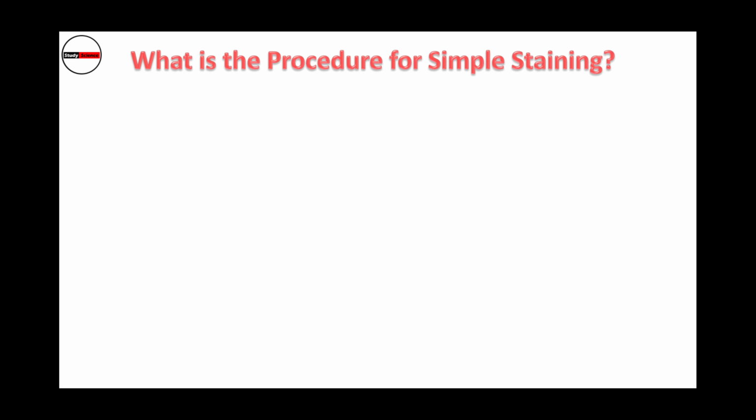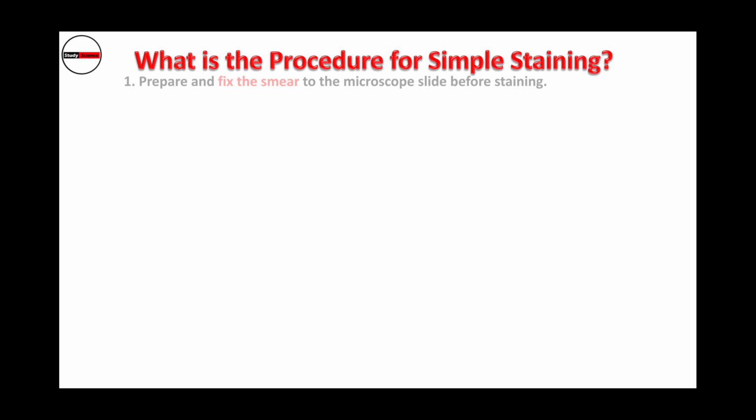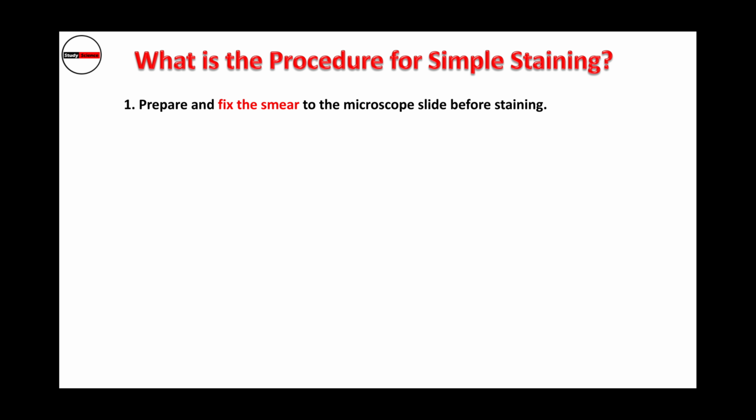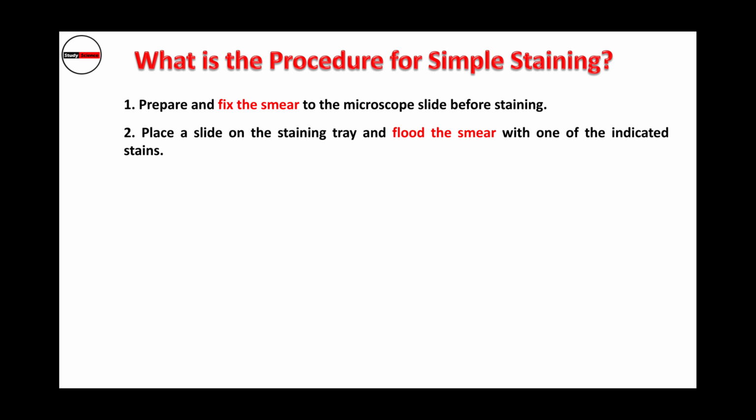Now, what is the procedure for simple staining? Prepare and fix the smear to the microscope slide before staining. Place the slide on the staining tray and flood the smear with one of the indicated stains, be it methylene blue, crystal violet or carbol fuchsin.